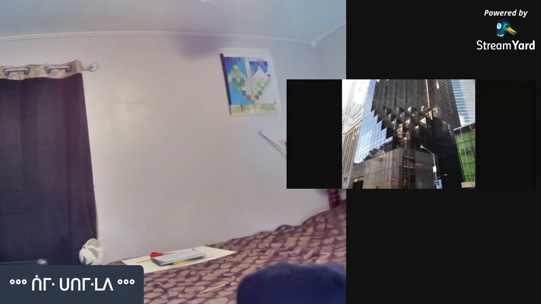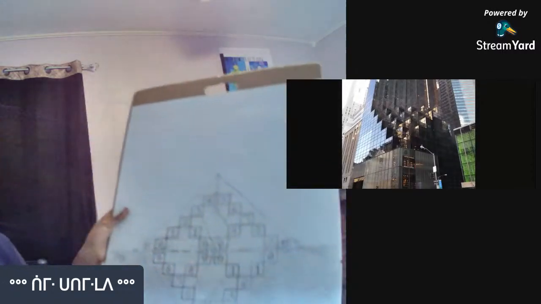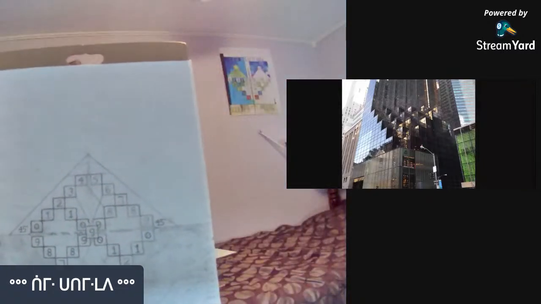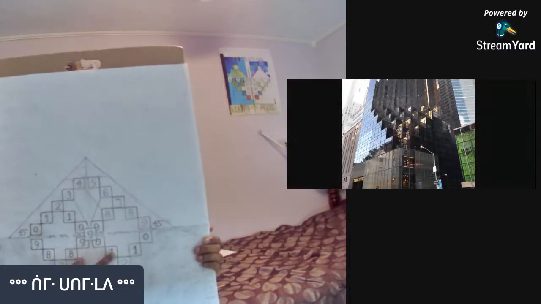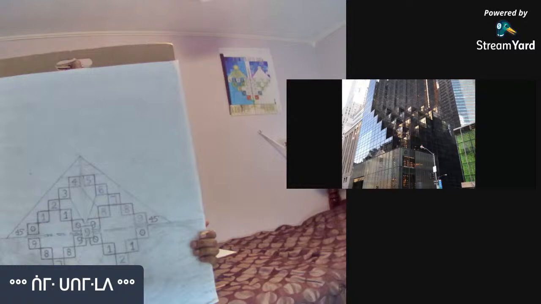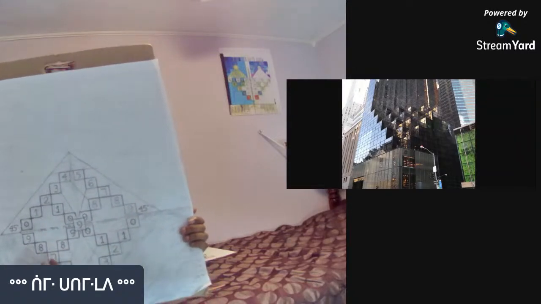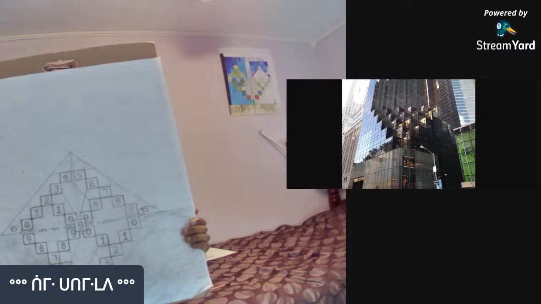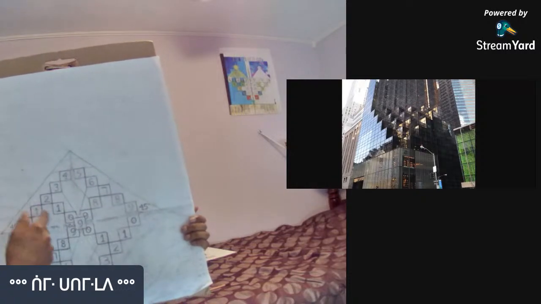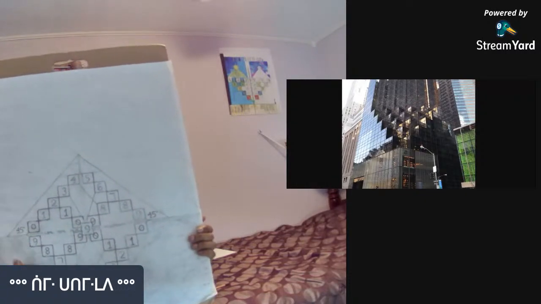Everything on my diagram, everything you see here with the vortex map, what they look over is the fact that everything across from each other adds up to be 9. You got 1 and 8, 2 and 7, 3 and 6, 4 and 5, 0 and 9. They all add up to be 9.